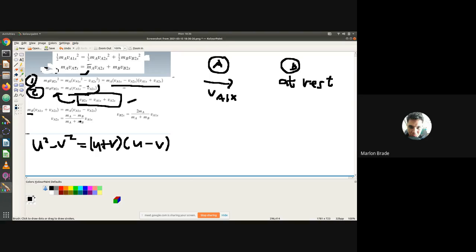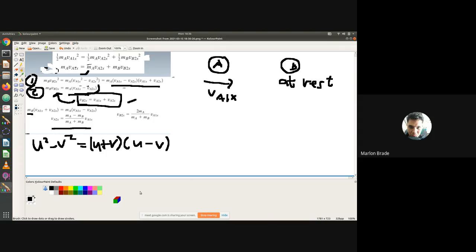Which means that if I rearrange the terms, I will get the following equation: VA2x is equal to (MA minus MB) over (MA plus MB) times VA1x.